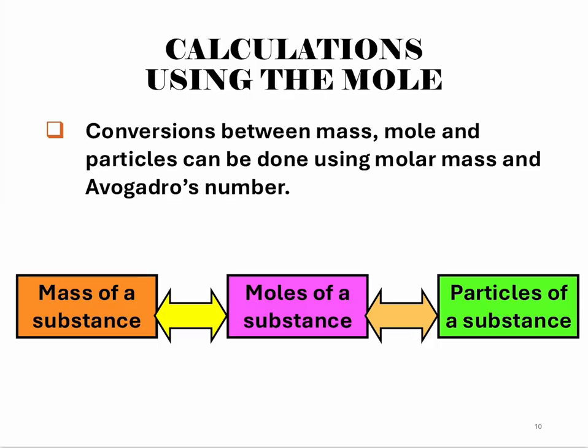Everything we've talked about up to this point, chemical quantities, gives us a conversion between the mass of a substance, the moles of a substance, and the number of particles of a substance. So how do we go from the mass of a substance to the moles of a substance? What do we use? We have 2 conversion factors we've talked about, Avogadro's number and molar mass.